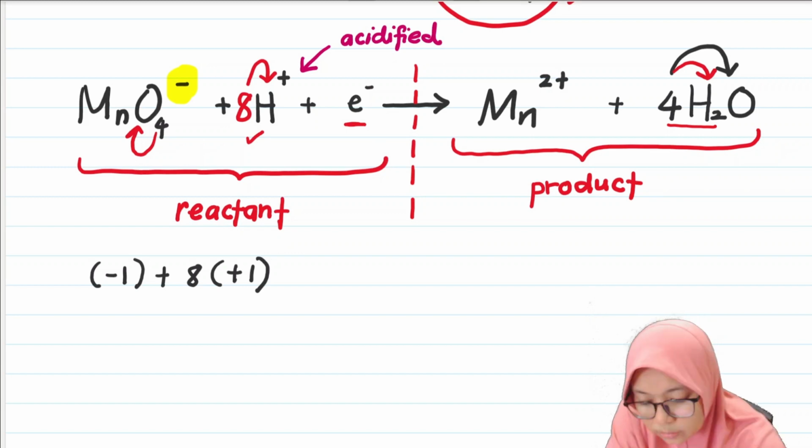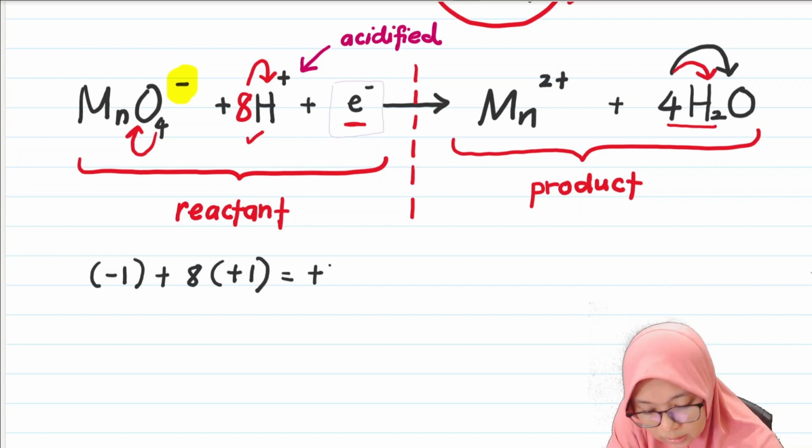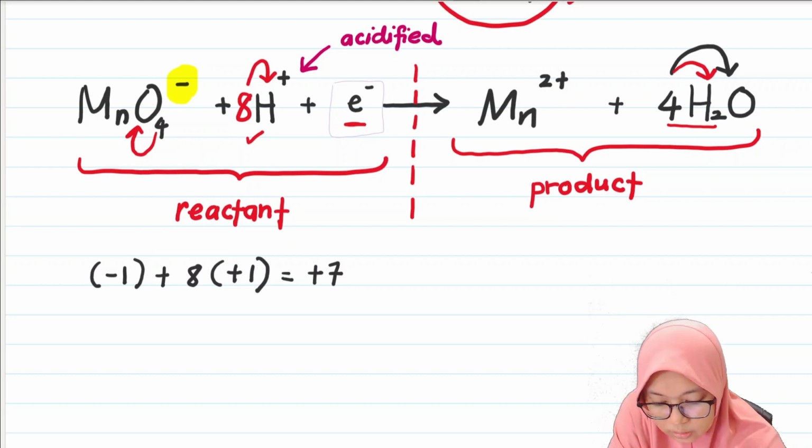Since we don't know how many electrons, we just calculate the total charge of the reactant: -1 plus 8 gives +7. Then we calculate the total charge of the product.